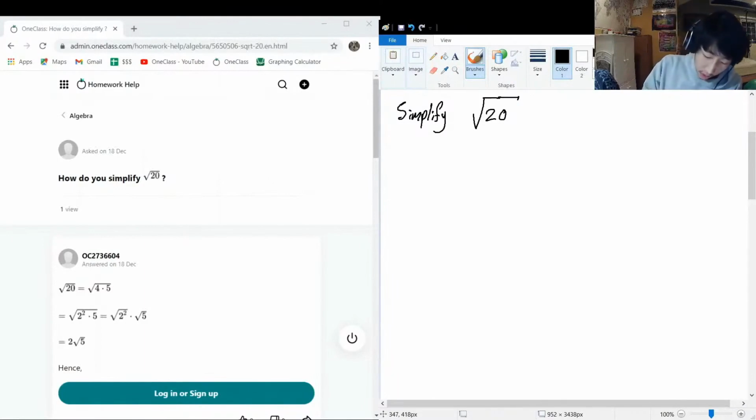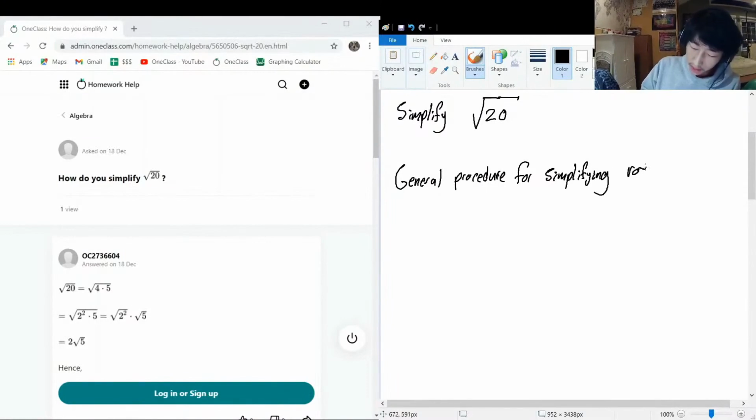So the general procedure for simplifying roots: the first thing that you want to do is factor your radicand.